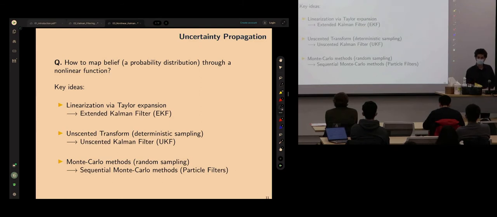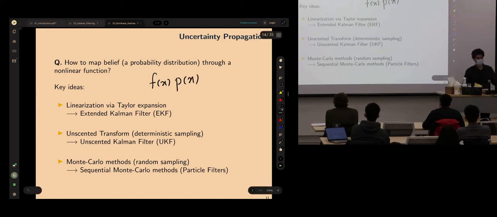But generally, the problem is that you have a nonlinear function, and you have a distribution, whatever it is. What you want to do is calculate the moments of this map, right?